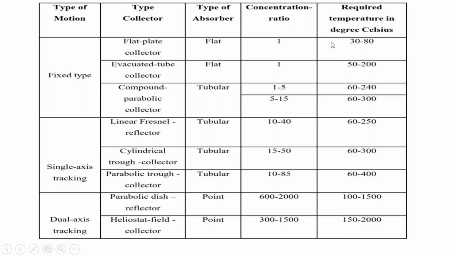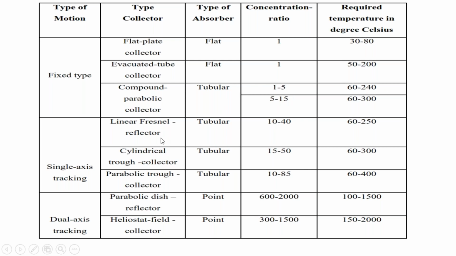So this is a very important list by which anyone can find the suitable collector. Now again, coming to the compound parabolic collector, that is in tubular form, the concentration ratio is 1 to 50, and the temperature range is 60 to 240.